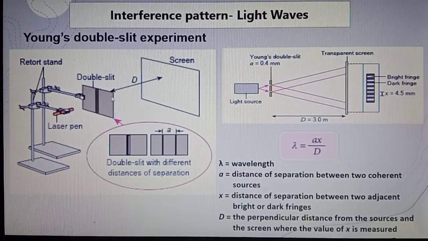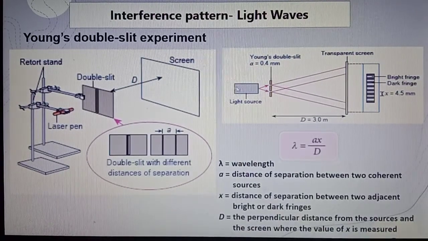Let's say a double slit with shorter separation, or a double slit with longer separation. What happens to the pattern? If you want to describe what happens to the pattern, you go back to the same formula and just describe what happens to x.